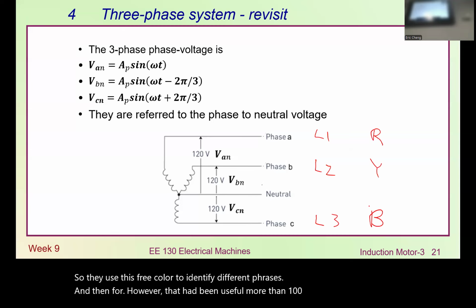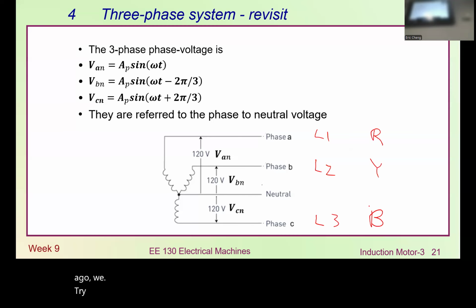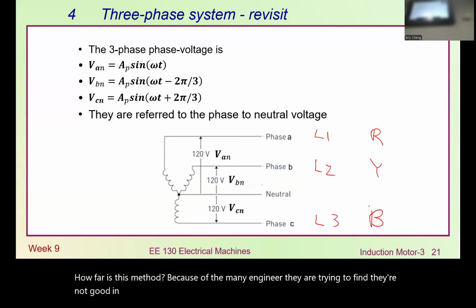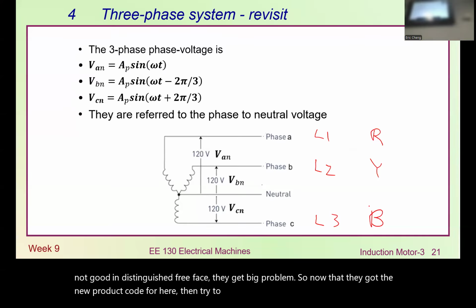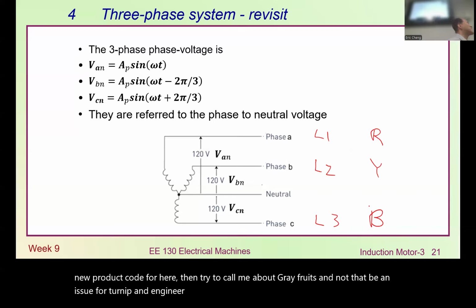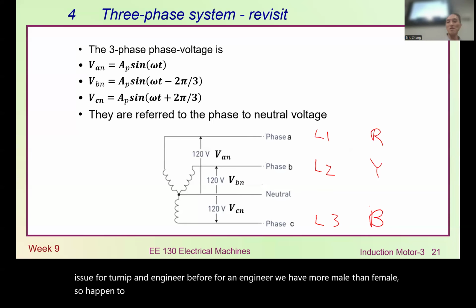But since 20 years ago, we try to abolish this method because many engineers are colorblind and not good at distinguishing the three phases. They get a big problem. So now there is a new color code, which means gray, blue, and so on, that is not an issue for colorblind engineers. Before, among engineers, we had more males than females, so it happened to be like that. So we gradually move on.